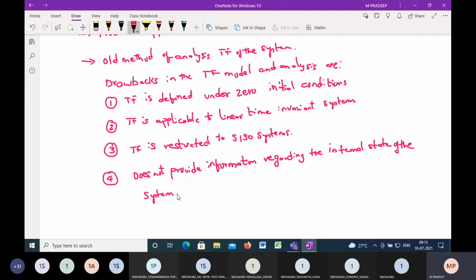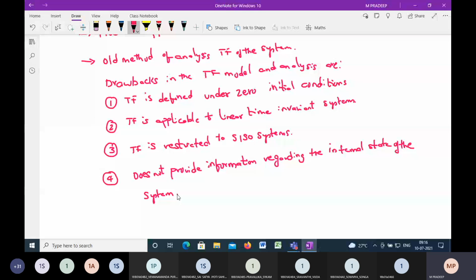All of these drawbacks of the transfer function in the analysis part can be overcome with the help of the state variable approach.